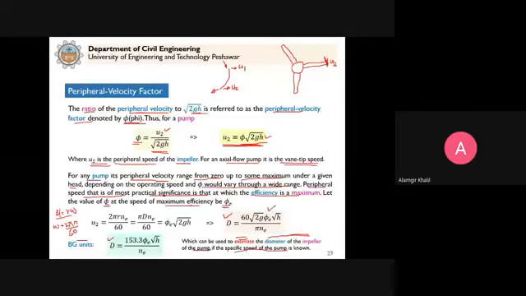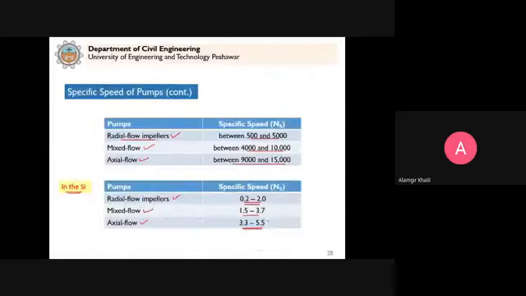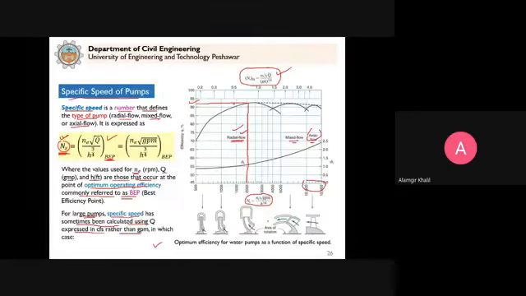And from where will this come? It will come from here. You can see this is phi e. This is the phi e curve, the peripheral velocity factor curve. For any given specific speed, let's say 5,000, this is the value of phi e, 1.5.